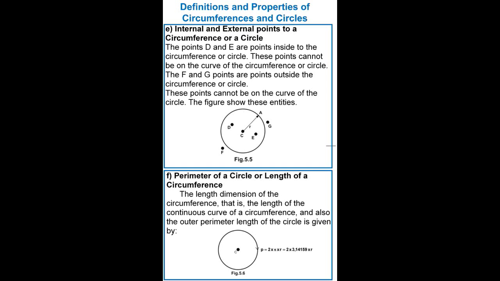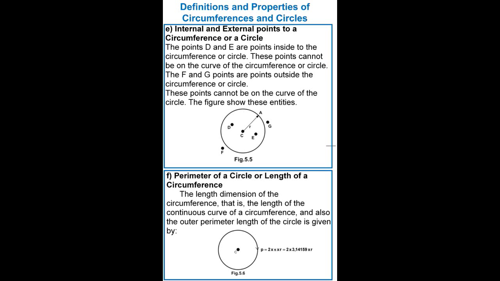This slide presents the definition of internal and external points to a circumference or a circle. Thus, in figure 5.5 is shown a circle with center C and a point A of the curve that has radius r.